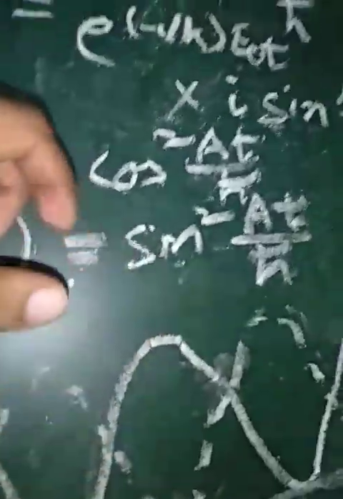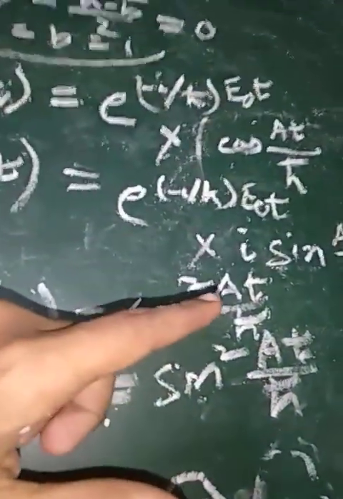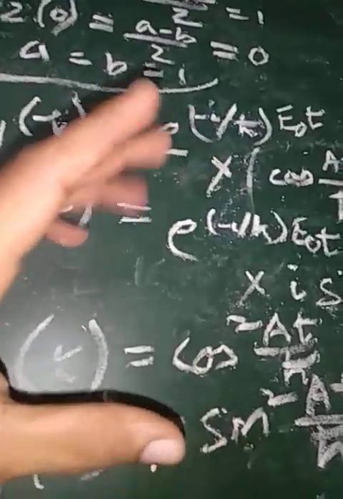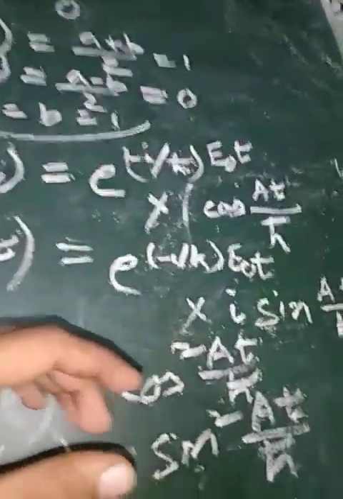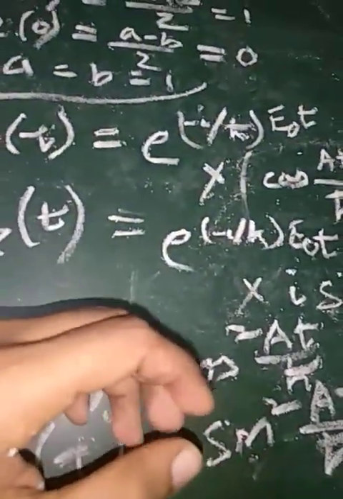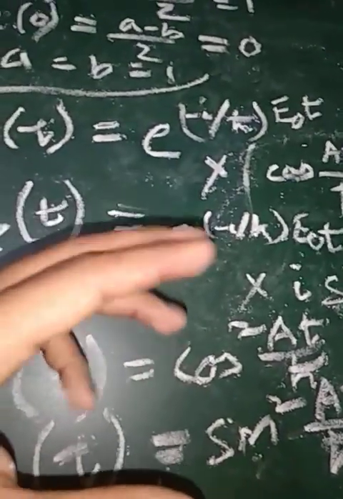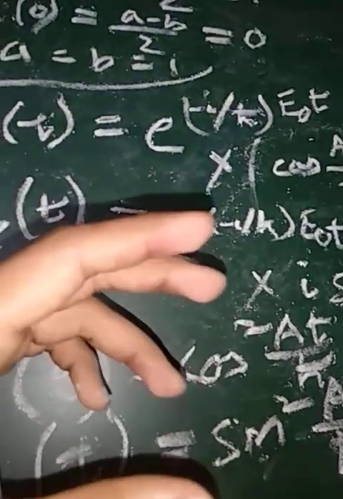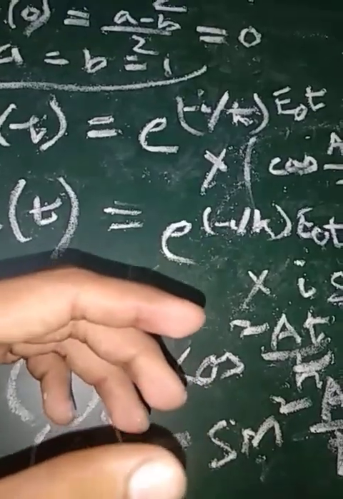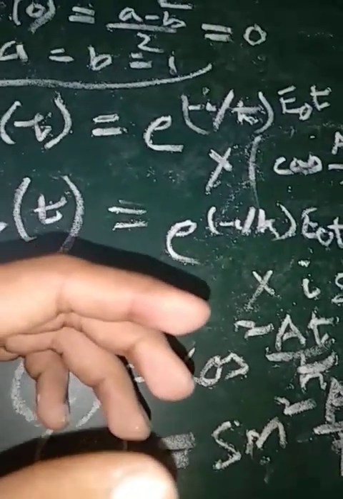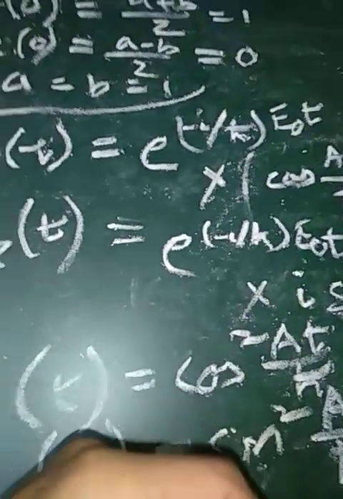The energy difference between the two states, 2A, is of the order of the energy of a photon in the microwave spectrum. Okay, thank you.